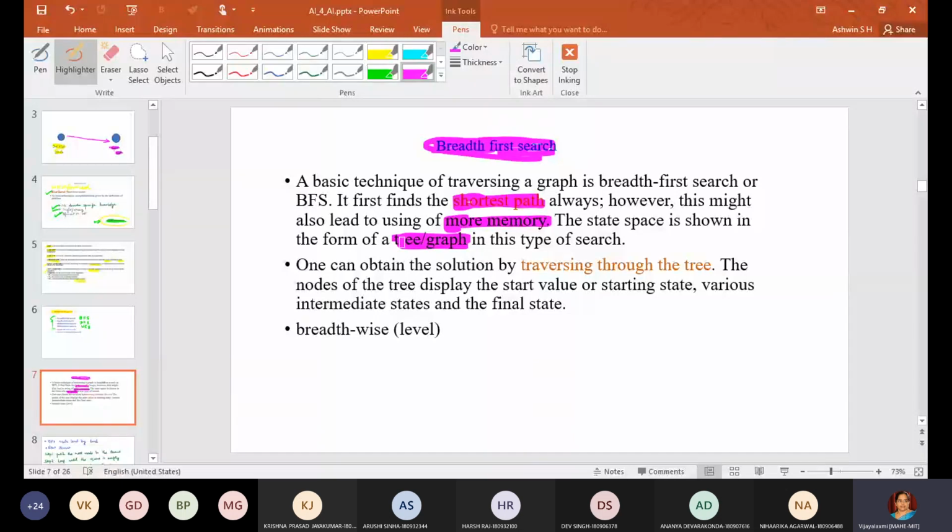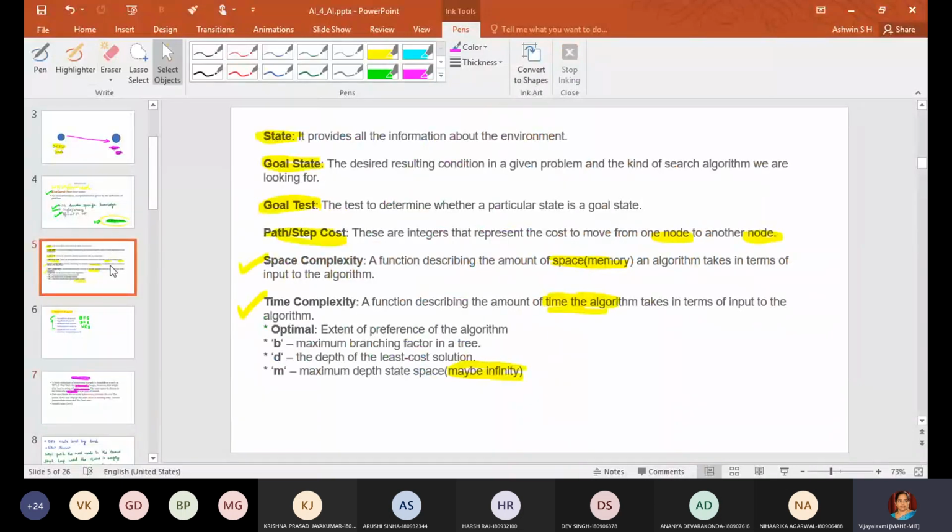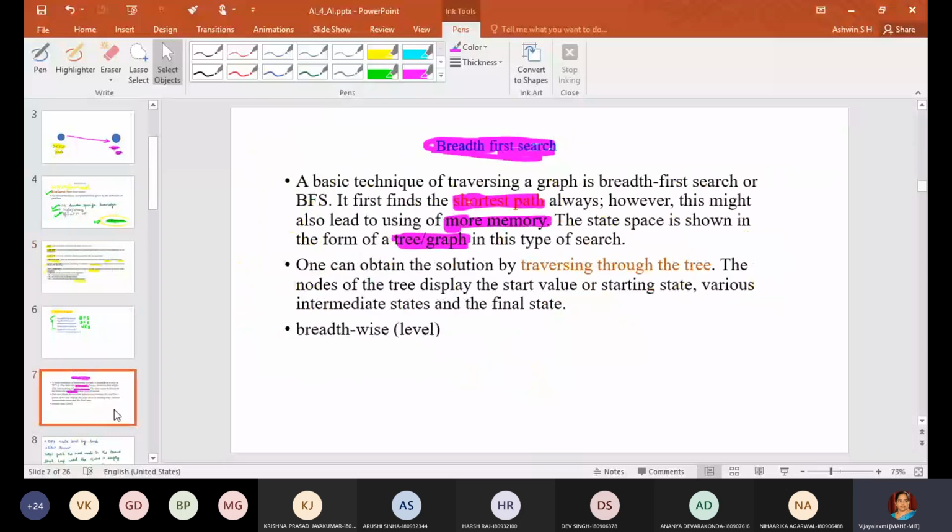So in this algorithm, the space complexity matters a lot. Here you will be given a tree or graph for the analysis. One can obtain the solution by traversing through the tree or graph. The nodes of the tree display the starting value, various intermediate states, and the final state.